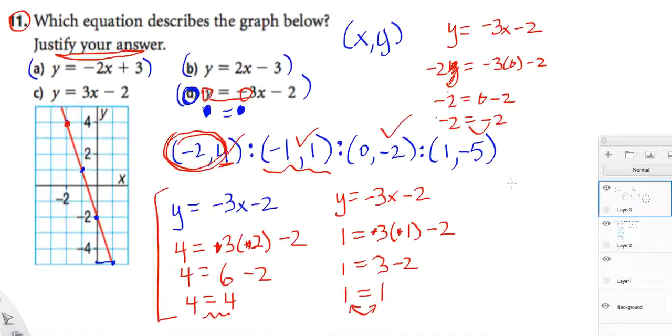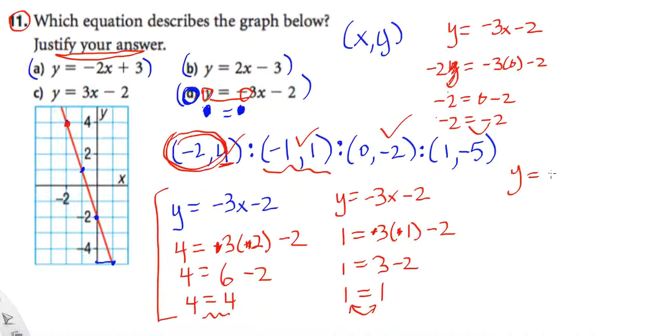And then let's do our last one here. I'm just going to get rid of this so we have some room. Let's write our equation again and plug in these coordinates. So our y is -5, and our x is 1. So -3 times 1.